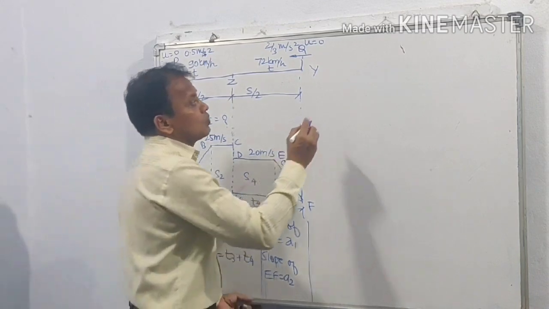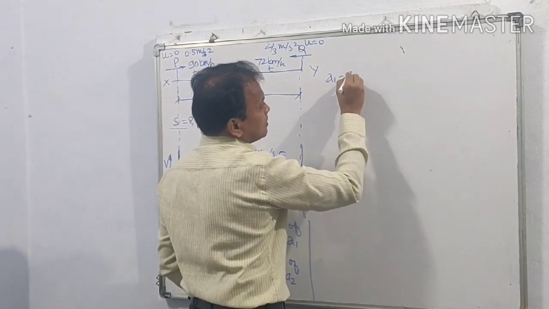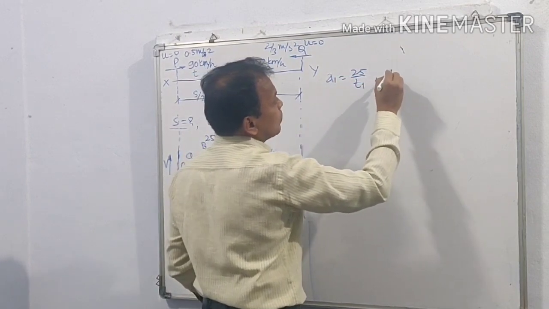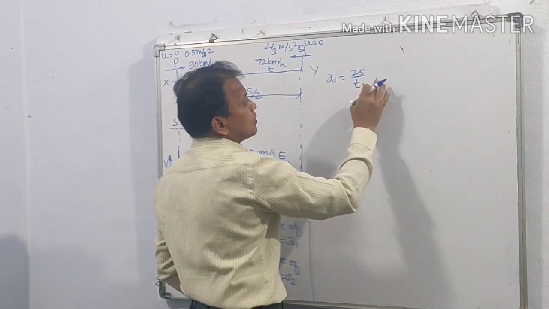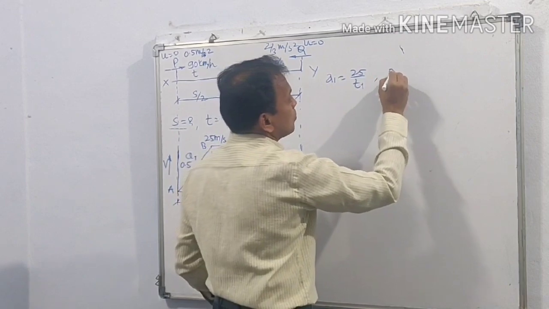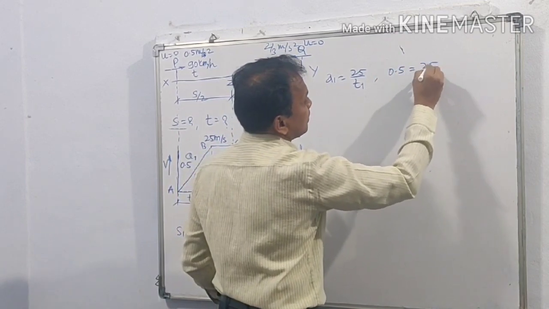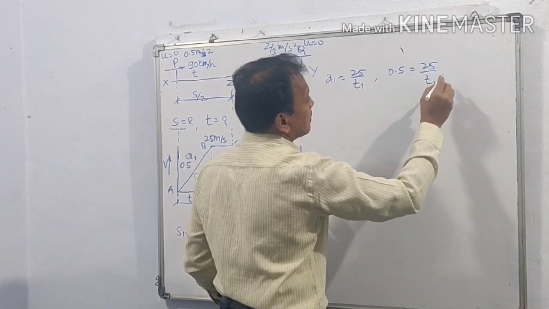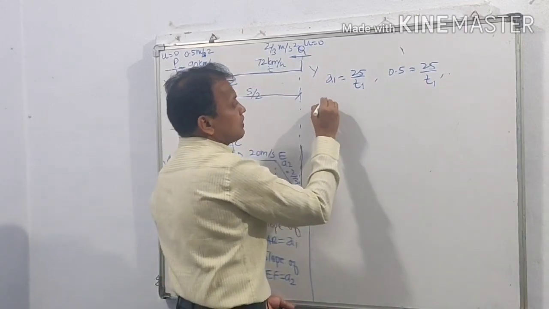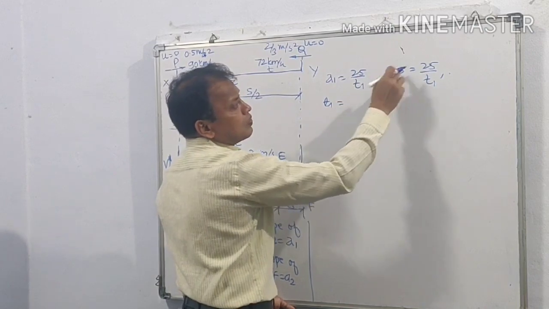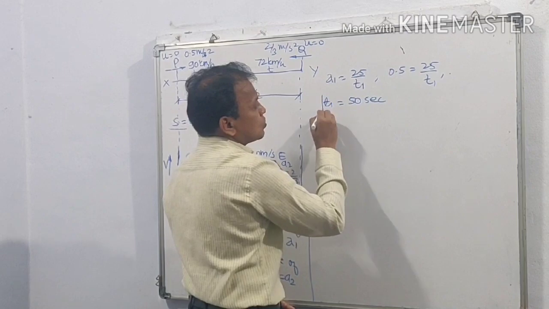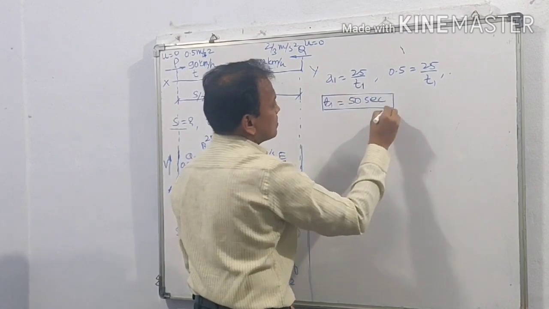So A1 is equal to 25 upon t1, and A1 is equal to 0.5. So 0.5 is equal to 25 upon t1, and t1 is equal to 25 upon 0.5, that is 50 seconds.